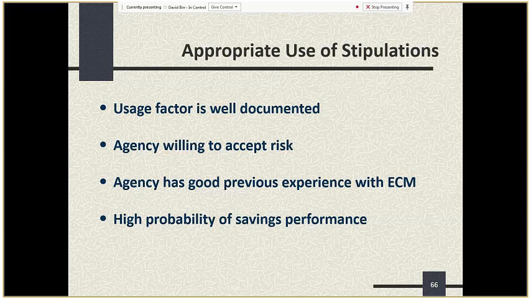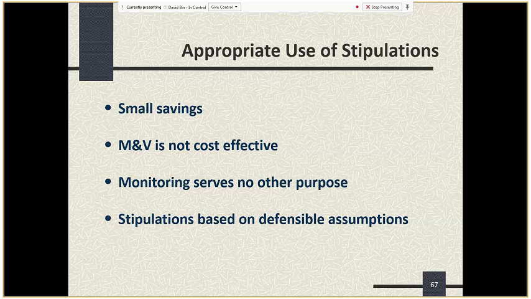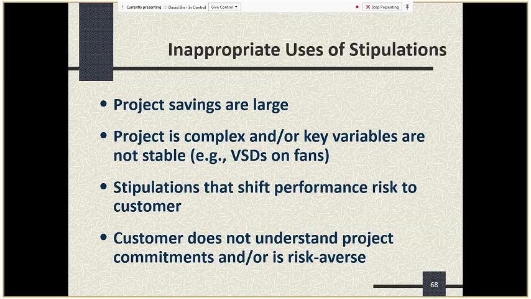Let's go to slide 67. So the other time we talked about when stipulations, or engineering estimates, are more appropriate is when the savings are very small, when the M&V is not cost effective, when you're not getting any other value out of the M&V data, and your stipulation is based on defensible engineering assumptions. Those are all times when you could use stipulated values. Let's go to 68.